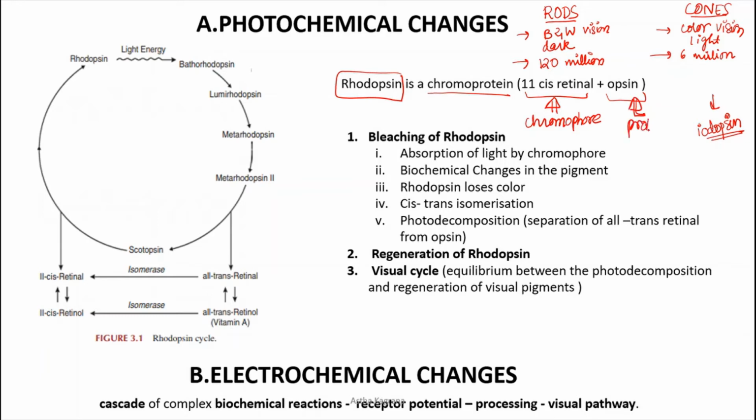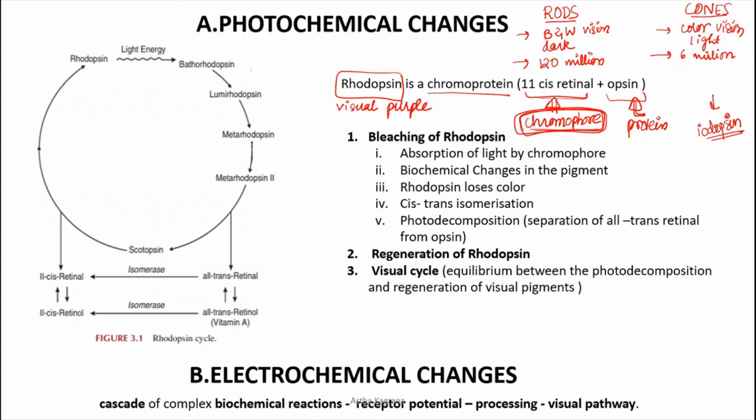That means the color part of rhodopsin is given by the chromophore, that is your 11-cis retinal, and the light absorption function is done by the chromophore. So 11-cis retinal will absorb the light, the protein part is known as opsin, and rhodopsin is also known as visual purple. Okay, so this was something about the basics of rhodopsin.